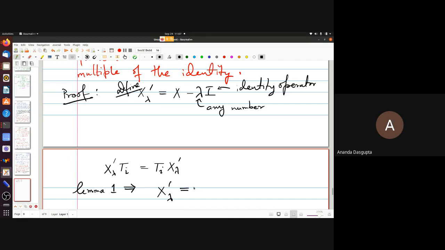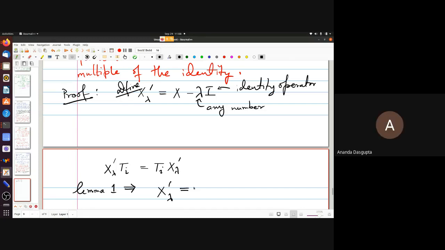And in lemma 1 we have two vector spaces v1 and v2 and a map between the two spaces. But remember, we never said that v1 and v2 have to be distinct. So here v can play the role of both v1 and v2. And now what would lemma 1 say about the x prime lambda?